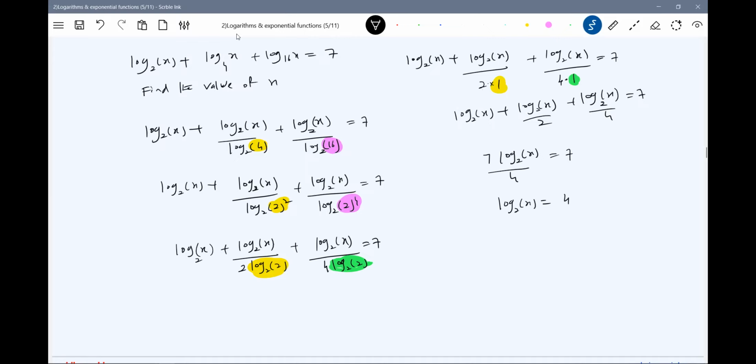Should be equal to 16, no? So finally, x must be equal to 16.